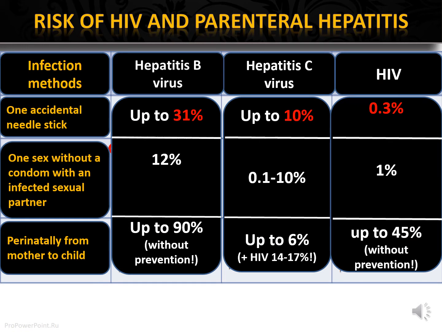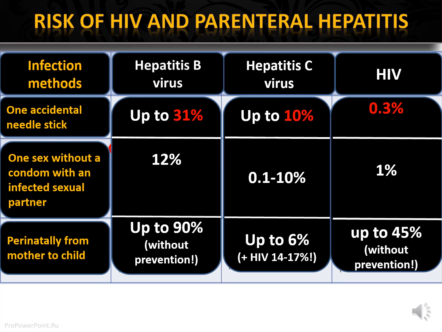So at first you should compare the risk of HIV and parenteral hepatitis when we describe the situation with infection methods, or maybe ways. The first position is associated with one accidental needle stick.